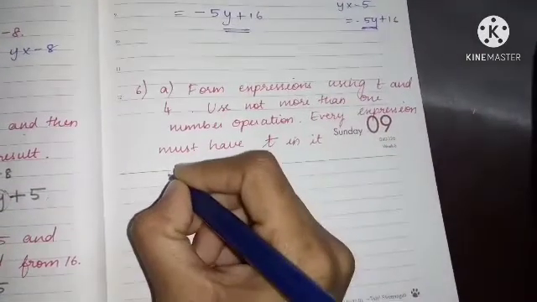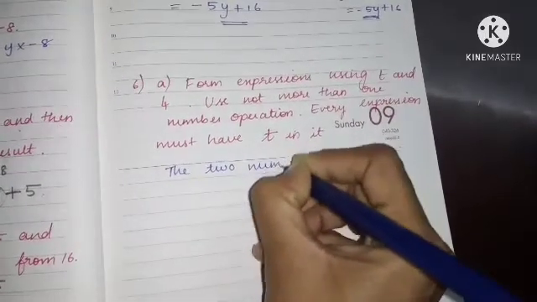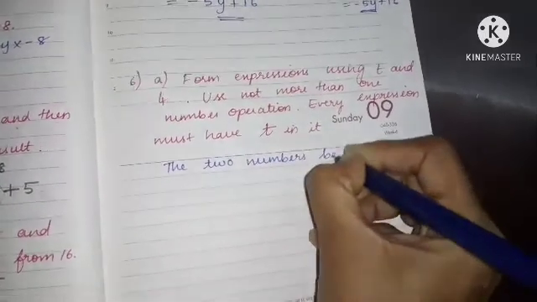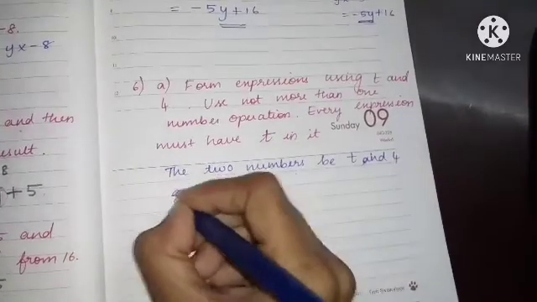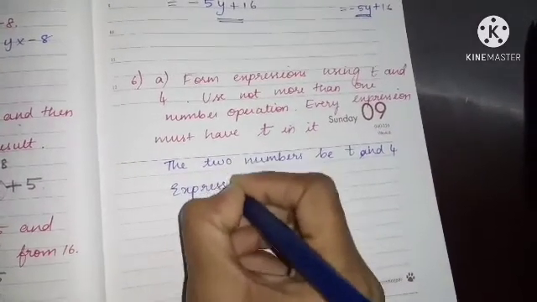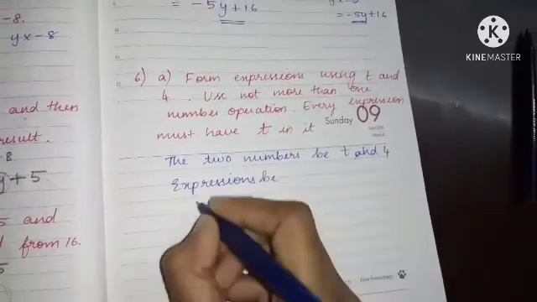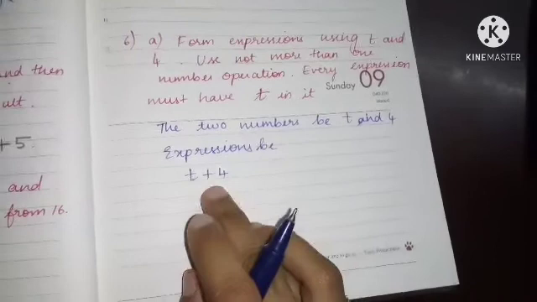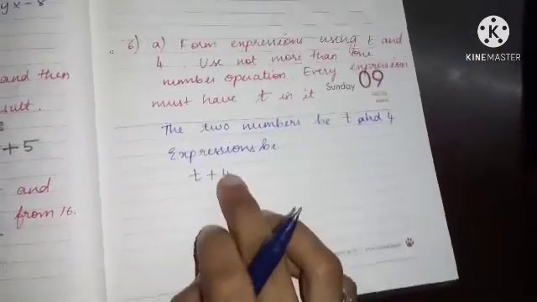So what are the two numbers? The two numbers are t and 4. I am going to frame expressions. Expressions are t plus 4. So only one operation I am using here, and the two numbers are there.